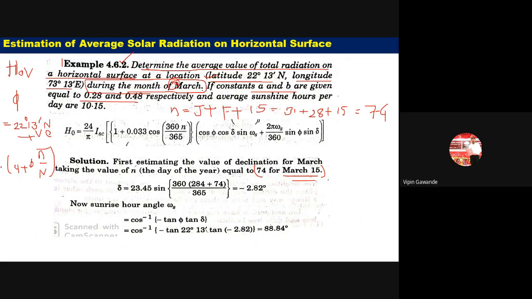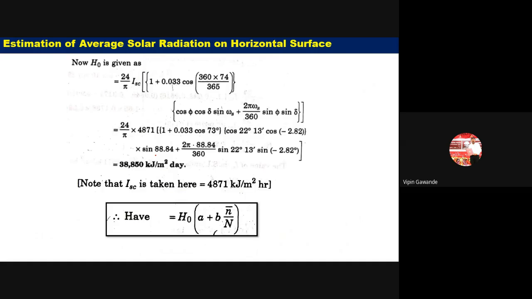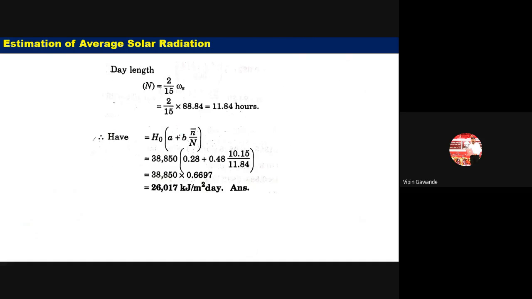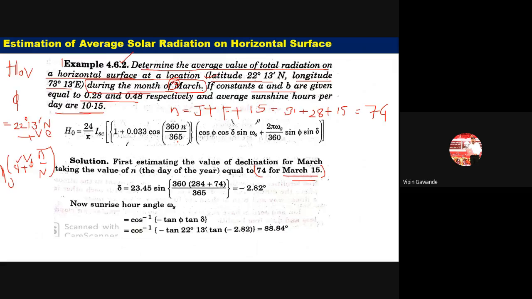The a value and b value are given, and the average sunshine hours per day is 10.15.